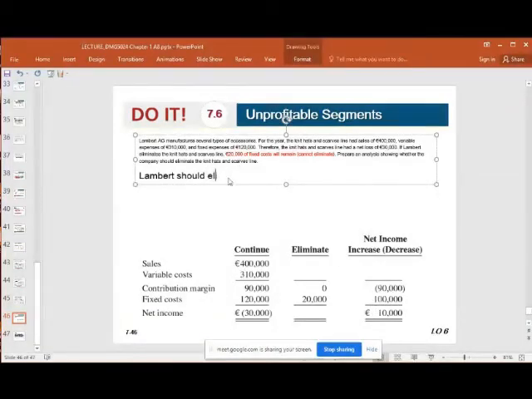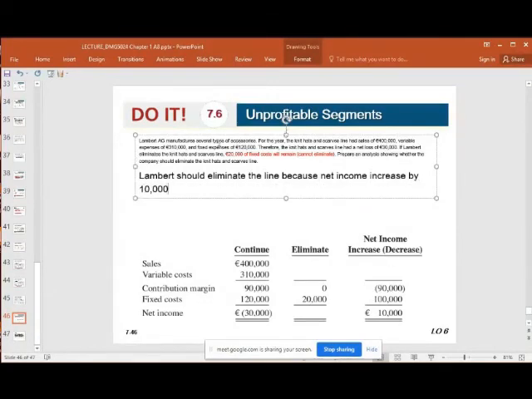Lambert should eliminate the line because then you copy the title, net income increase by 10,000. Get the symbol. Okay, this is one way to write it.